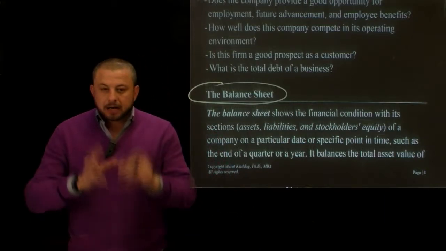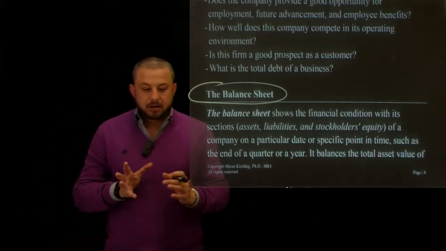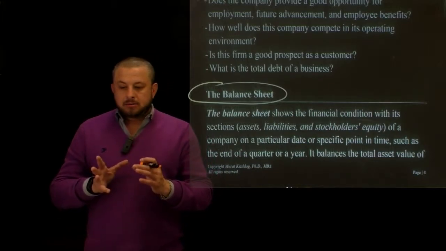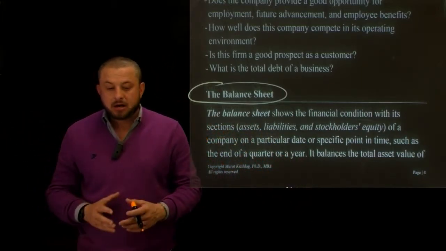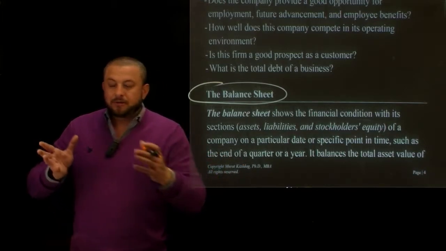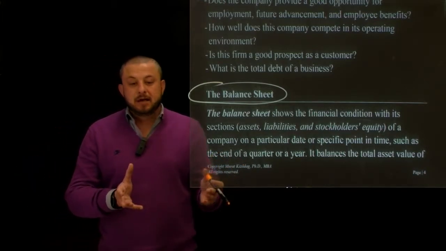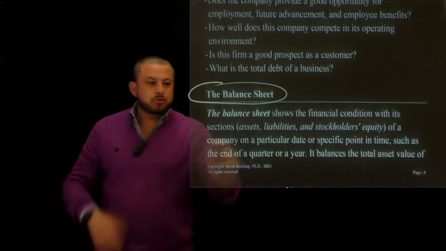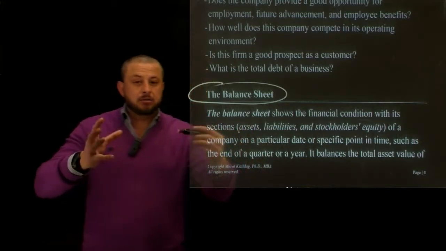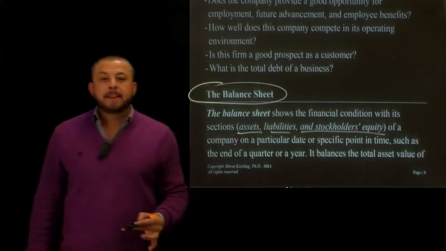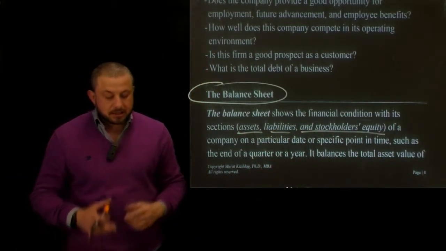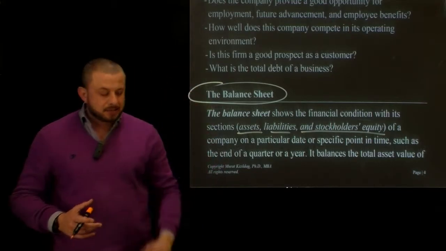For example, on October 10, 2017, 2018, 2019, or September 13th of 2018. So at the time it is prepared, it shows the financial condition in terms of assets, liabilities, and stockholders' equity, which is the owner's equity. It's the alternative name of that last section that we have.